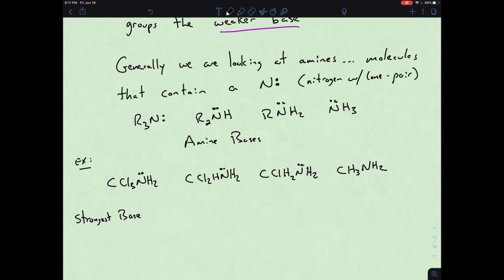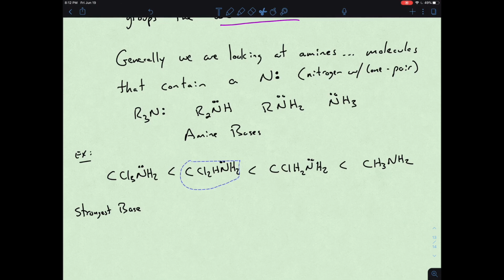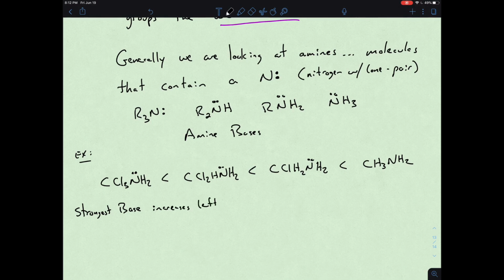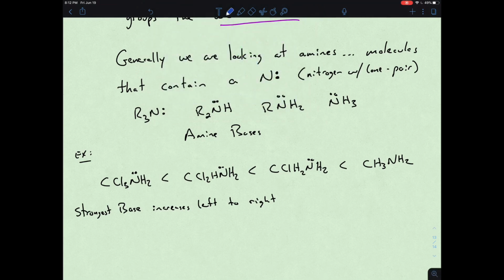And so we find that we have the opposite direction occurring, that our methylamine is actually the strongest base. Then as we add more and more electron withdrawing groups, we get weaker and weaker. And that's again because of this idea of electron withdrawing groups or electron donating groups.